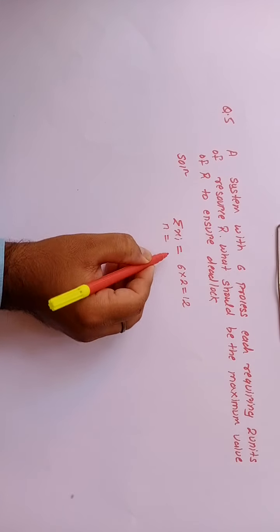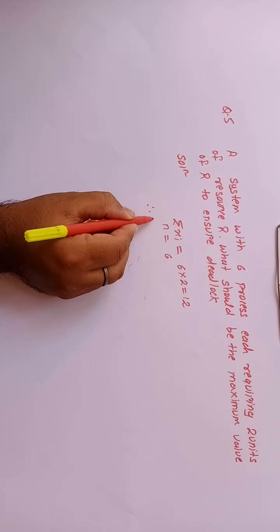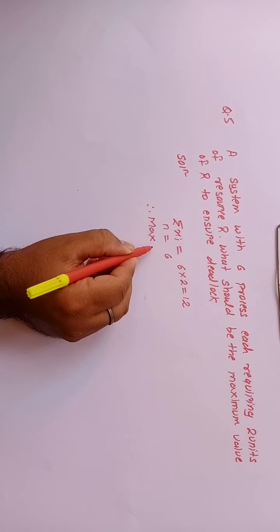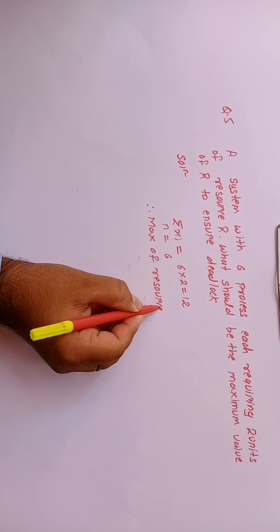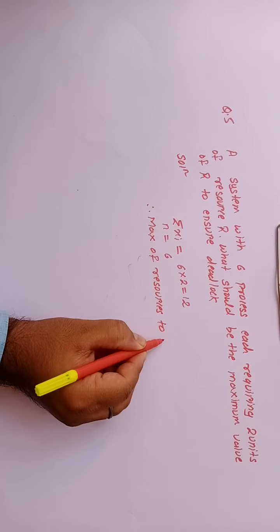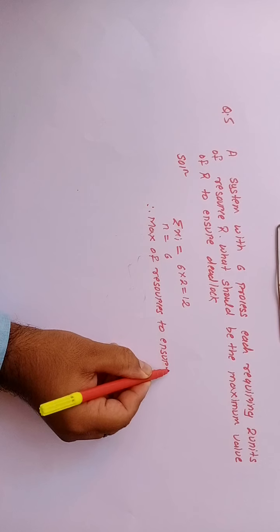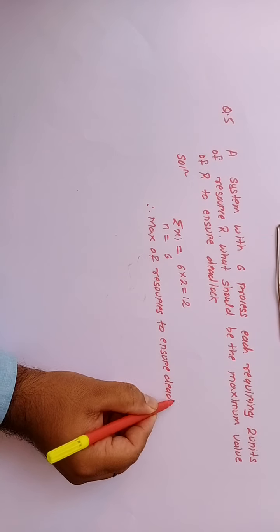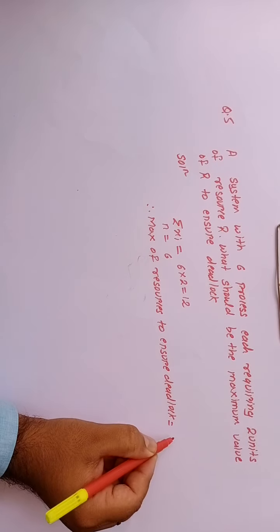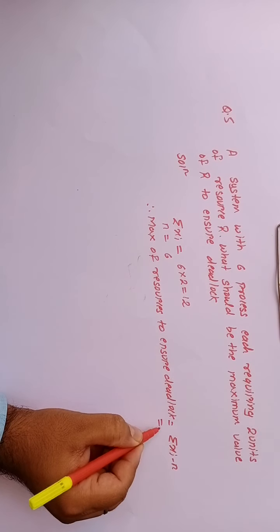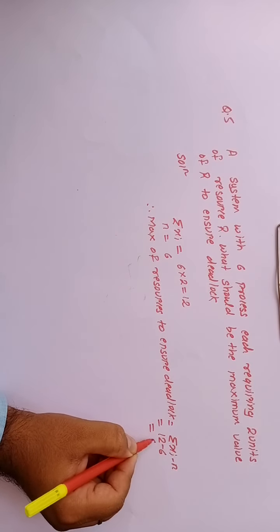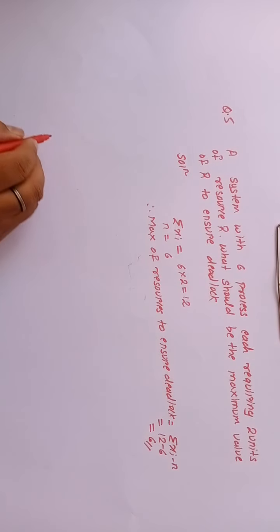N is 6, therefore the max number of resources to ensure deadlock is summation of xi minus n, that is 12 minus 6, that is 6. So if the number of resources is 6, then there will be a deadlock.